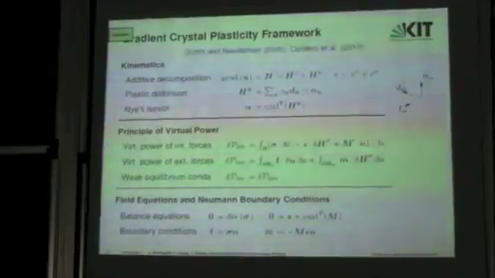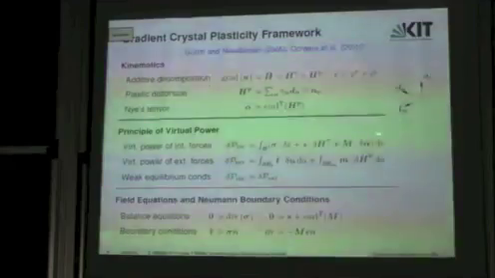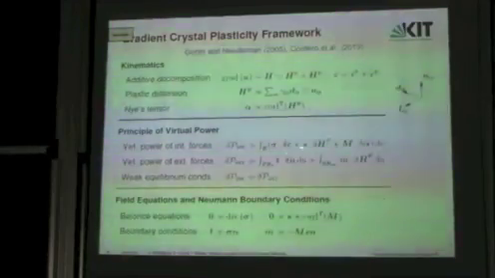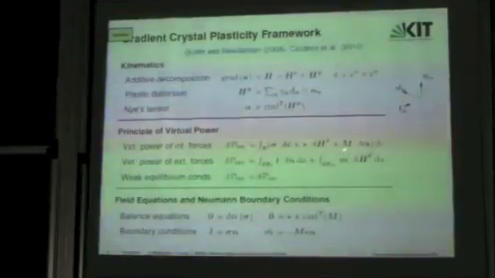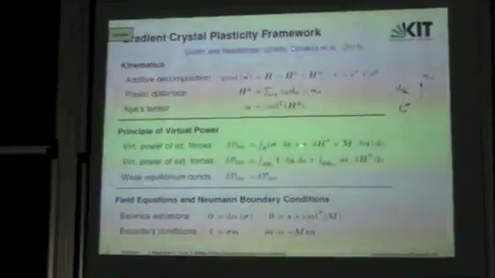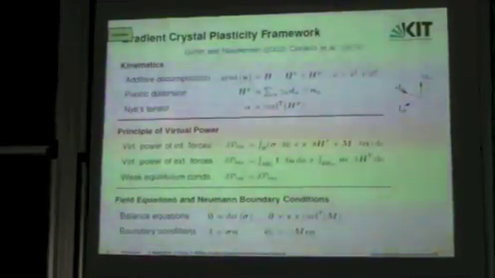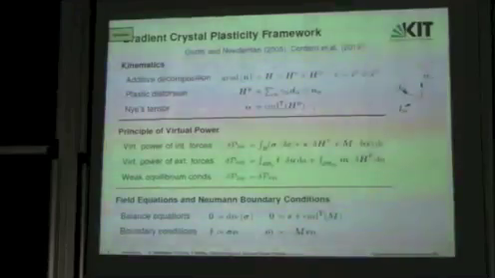So considering here the principle of virtual power, we have an extended set of stress powers. Besides the classical stress or virtual stress power, there are also stress power contributions as given here, where the generalized stresses M and S conjugate to HP and alpha have been introduced.